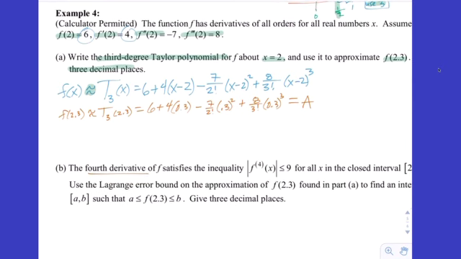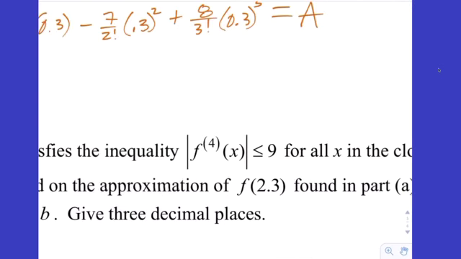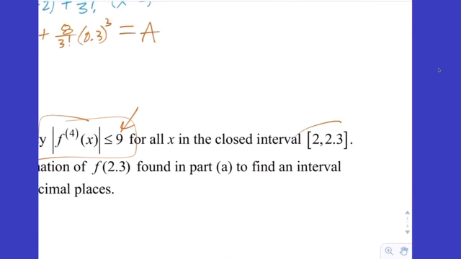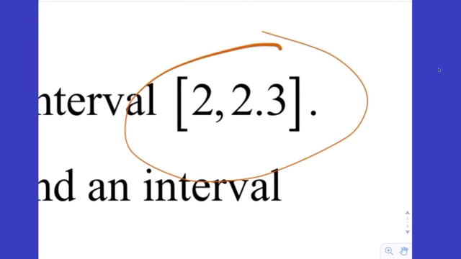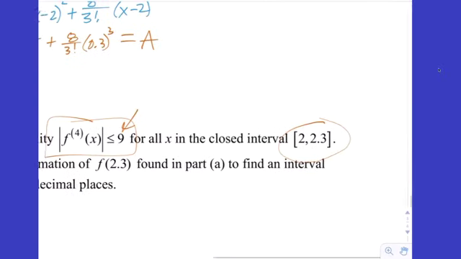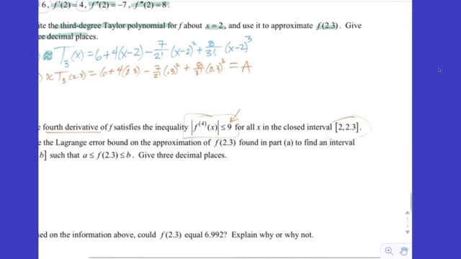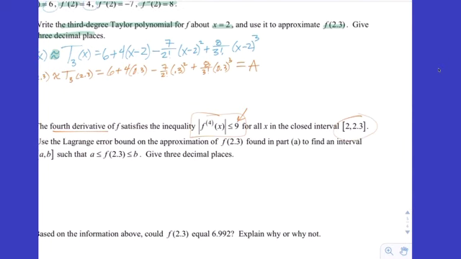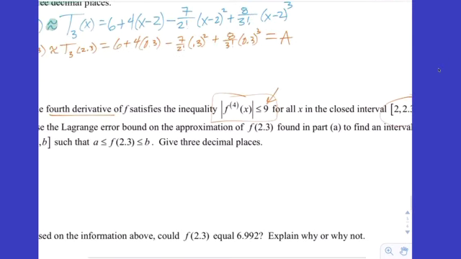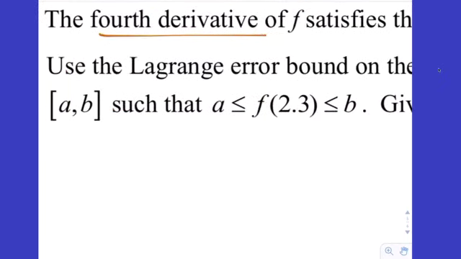All right, now, here's where it gets kind of fun. The fourth derivative of the function f satisfies this inequality. Hey, 9 is the maximum value of the fourth derivative for all x in the closed interval between 2 and 2.3. The center and the value we're interested in. Use Lagrange error bound to find a boundary, or an interval, in which it can live. So here's again what we're going to say.